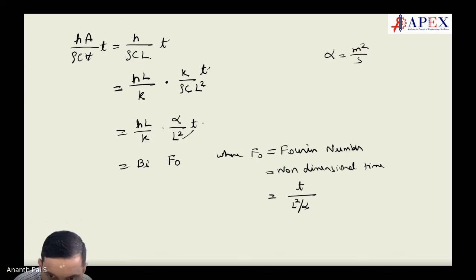To understand in a proper fashion, people say alpha t by L square, but you don't get the understanding there. Fourier number is t divided by L square by alpha, which gives you non-dimensionalized time. Make sense? So this is Fourier.